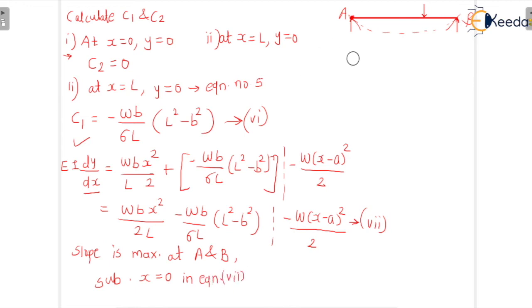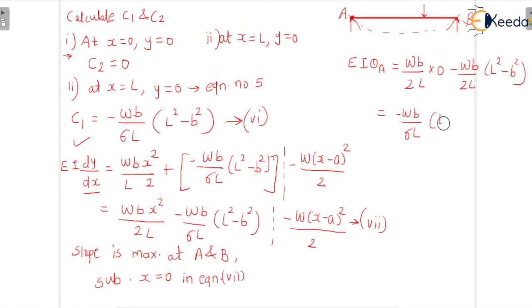So we can rewrite the equation as EI theta A is equal to W into B by 2L into 0 minus WB by 2L, L square minus B square minus WB by 6L, L square minus B square.